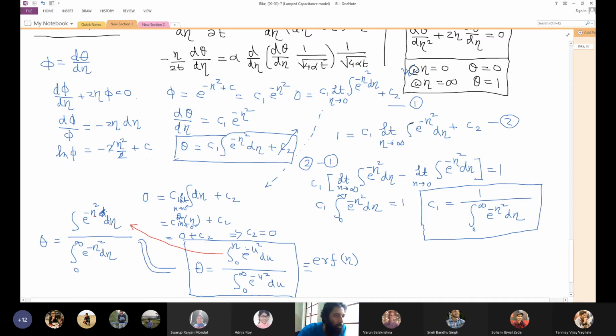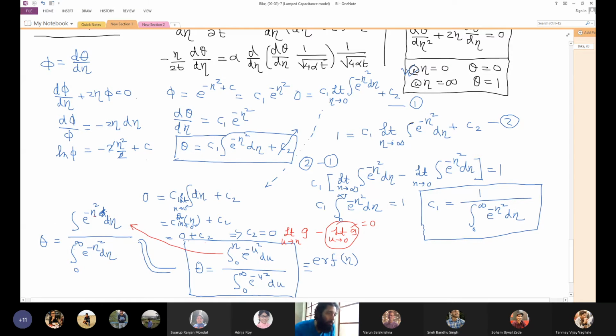So e to the power minus u square, say this gives us a function g. Now we have to evaluate g at limit u goes to eta minus g at limit u goes to 0. And we already know that this actually goes to 0. So it's actually the function where just u and eta are replaced. That's why we get back this thing. So just convince yourself that you get from here to here. You should be able to do that with your knowledge of maths 1, 2, whatever you have done so far.